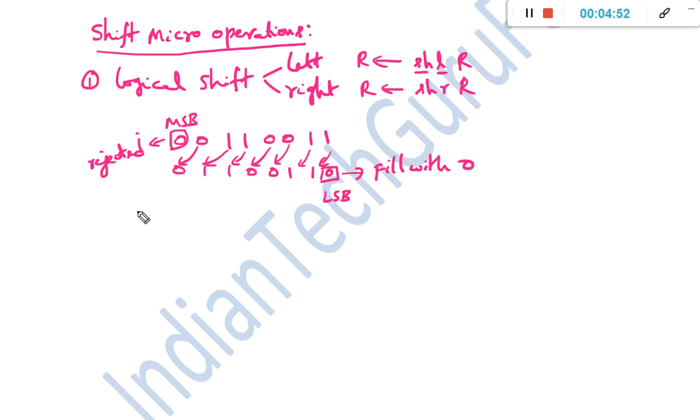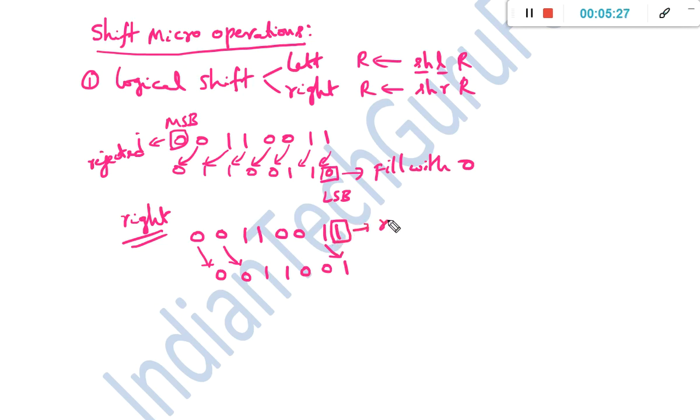Similarly, for the logical right shift operation, let me take the same example: 0 0 1 1 0 0 1 1. To perform the right shift, I move all the values from left to right. So this 0 comes here, this 0 comes here, then 1, 1, 0, 0, 1. This last one comes here, so what about it?